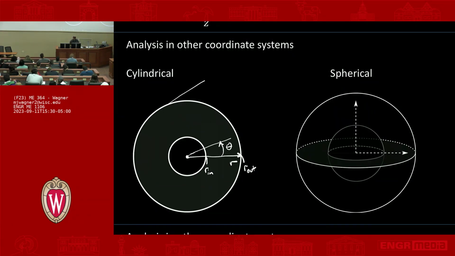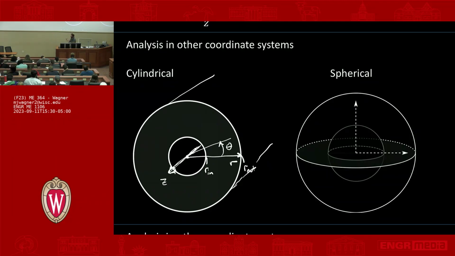We could also make this into a 3D system where we've got some axis down the middle of the tube, and this would be the z coordinate. So it's still a 3D geometry, but the third dimension goes into the page.